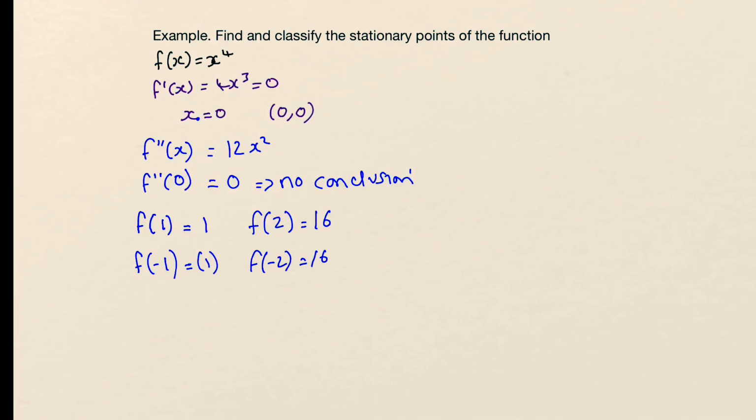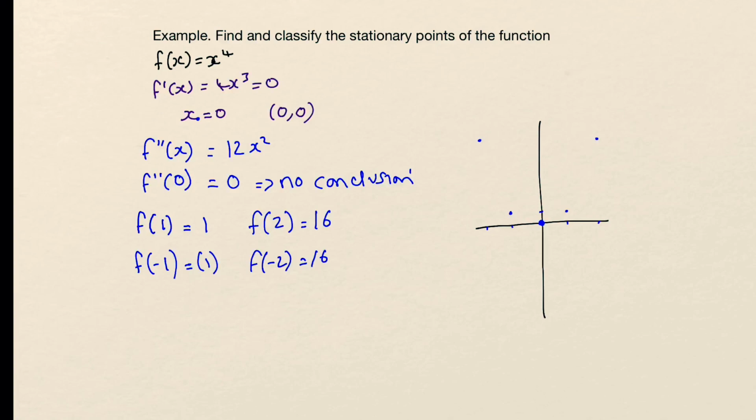If we draw a set of axes and we plot the points, we know that at (0, 0) that is our stationary point. At 1, we have got the point 1, so we'll put that there. And at minus 1, we've got the point 1. And then at 2, we've got the point 16, so we'll put that up there.